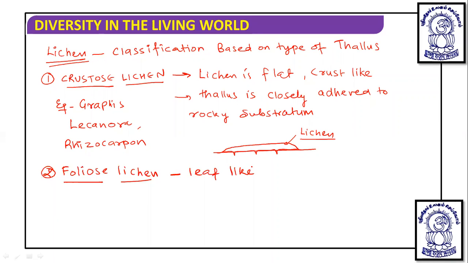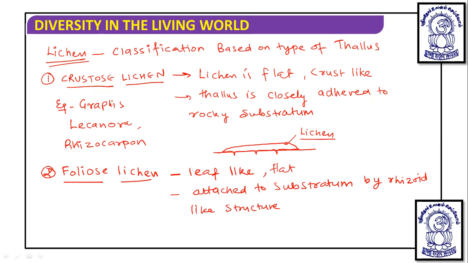So in foliose lichen, also, this lichen is flat, it is leaf-like, and it is found to be attached to substratum by rhizoid-like structure, and rhizoid means root-like. So root-like structure, rhizoid-like structure called rhizines.